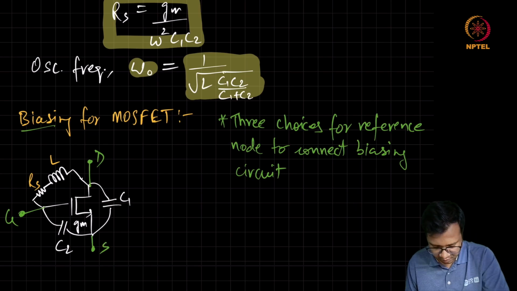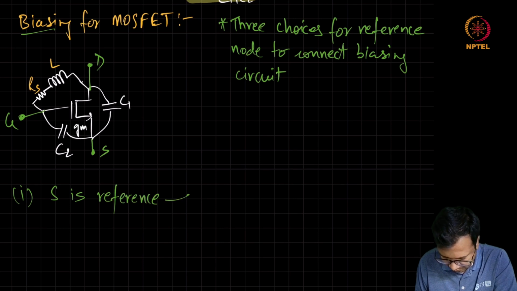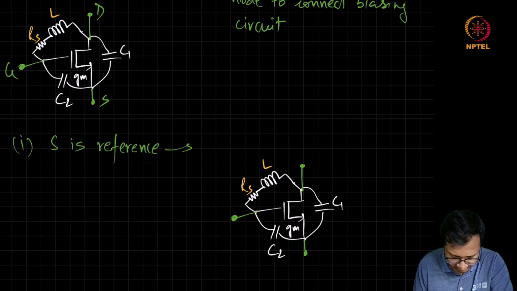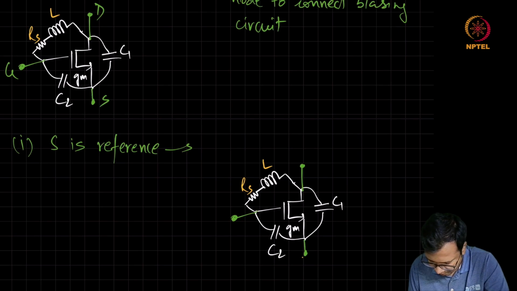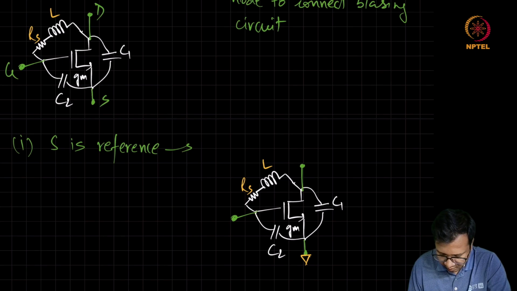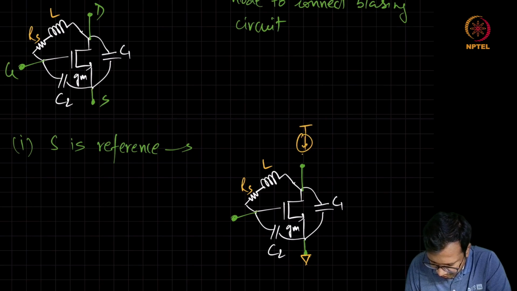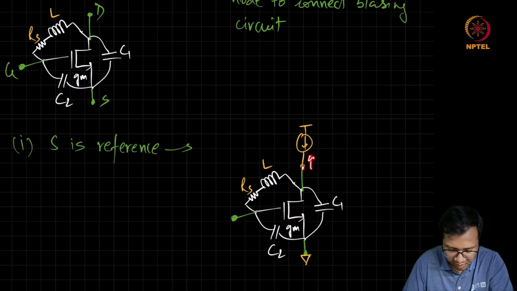Drain, source. Let us take the case 1 where source is reference. If source is used as a reference, we can connect a ground or incremental ground to this node. So in such a scenario, what we can do is connect a current source from the supply so that the drain node sees high impedance.